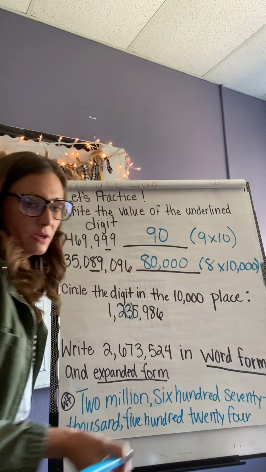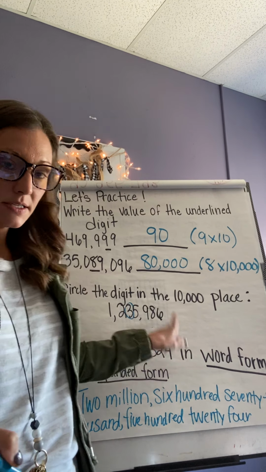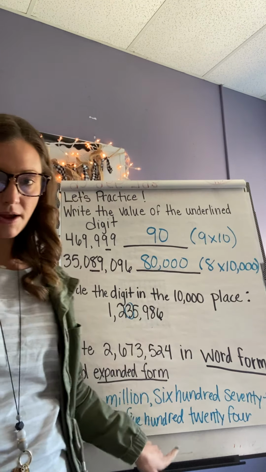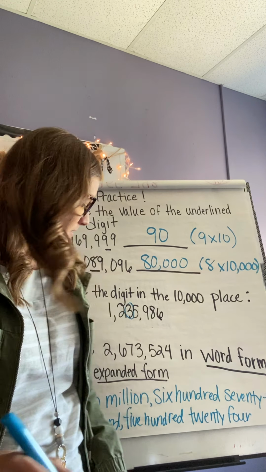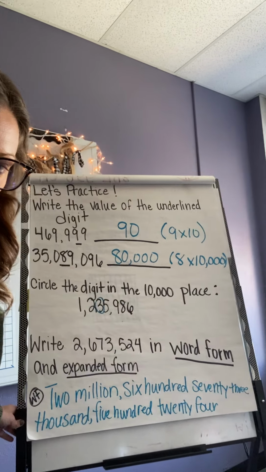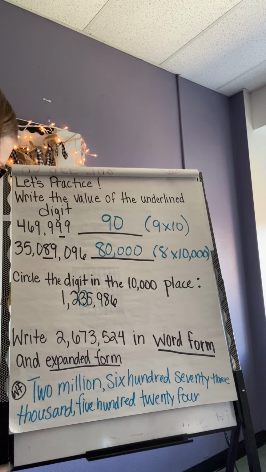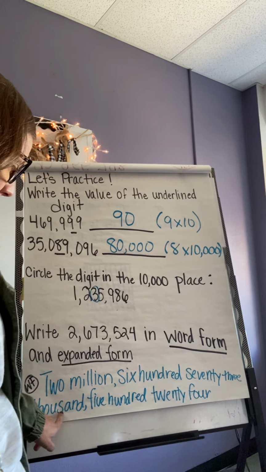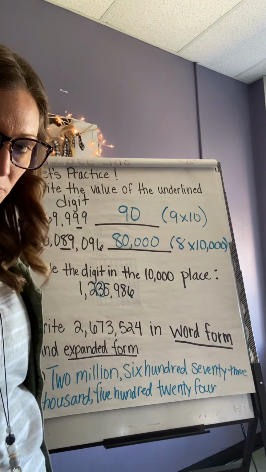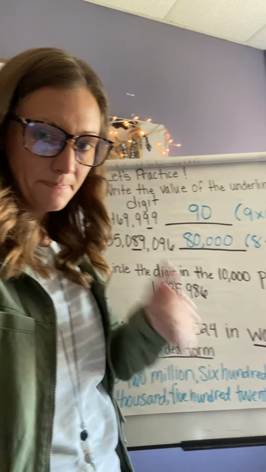So word form is really important. If you can say this number correctly, you can write this number correctly. So check your work. Did you write 2,673,524? If you did, awesome job.